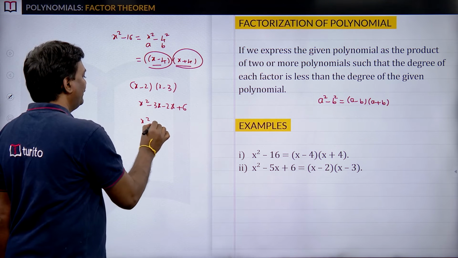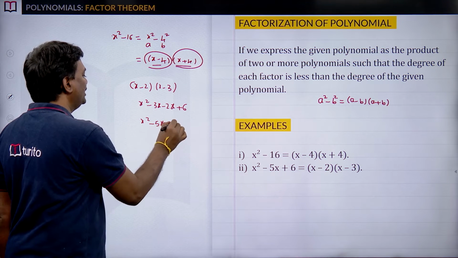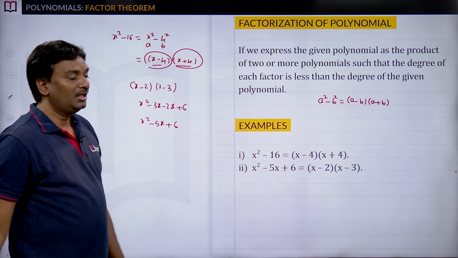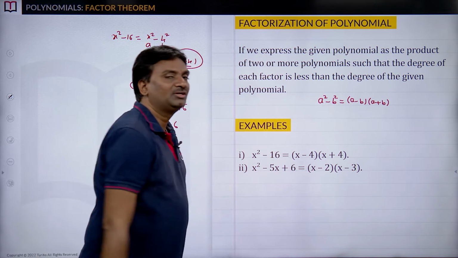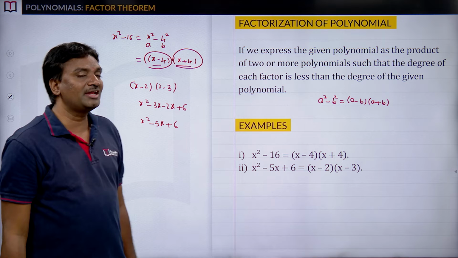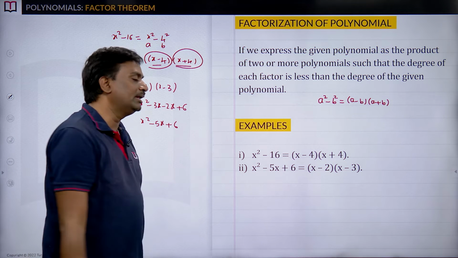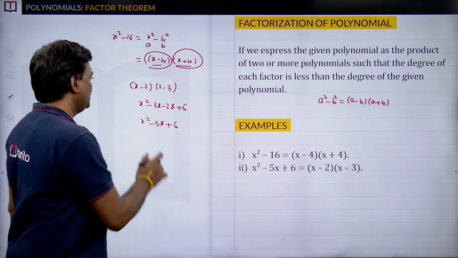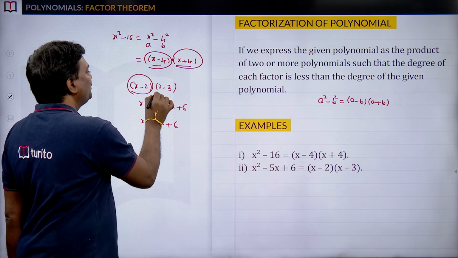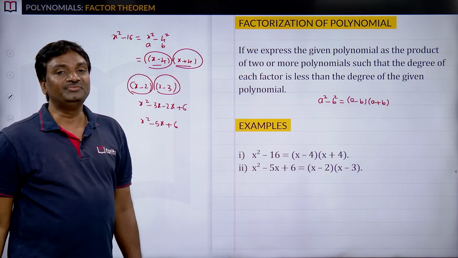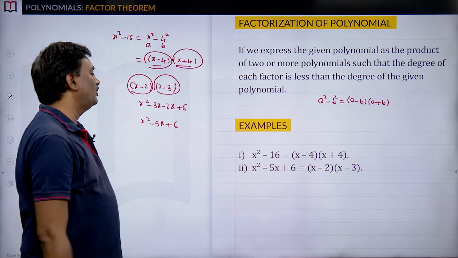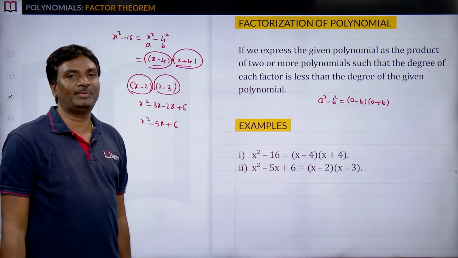So x square minus 3x minus 2x is minus 5x plus 6. By multiplying the two linear polynomials x minus 2 and x minus 3, we have got x square minus 5x plus 6. That is why we can say x minus 2 and x minus 3 are the factors of the polynomial x square minus 5x plus 6.